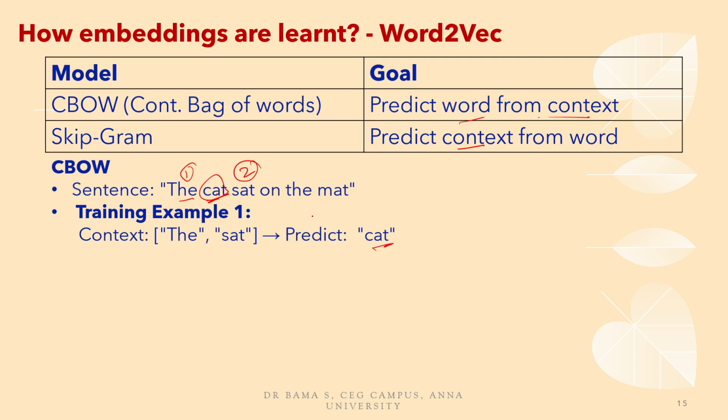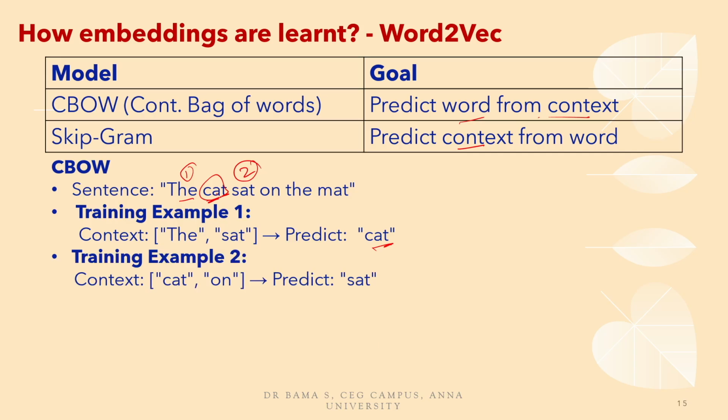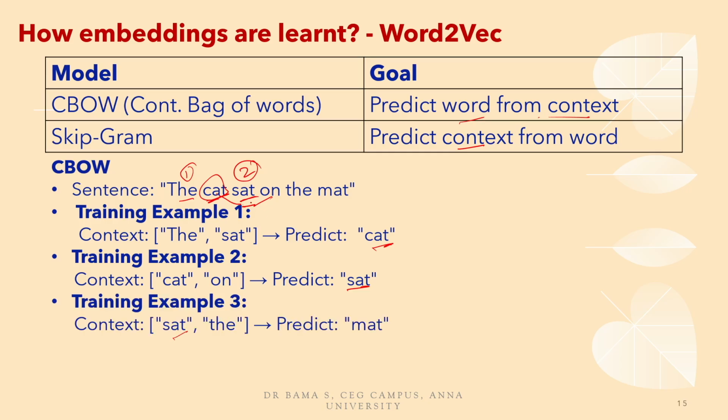It is using a neural network, which we will be doing in the next few classes. In the second training example, suppose it is cat and on. The prediction is sat. The third, if it is sat and the prediction is mat.